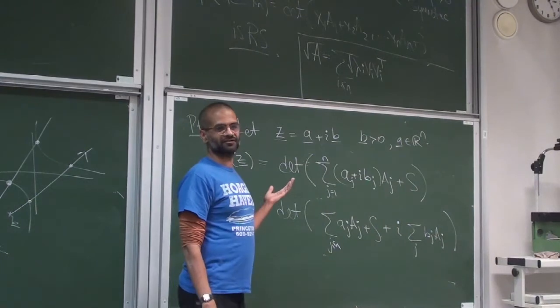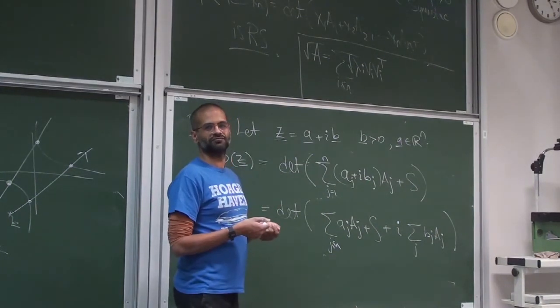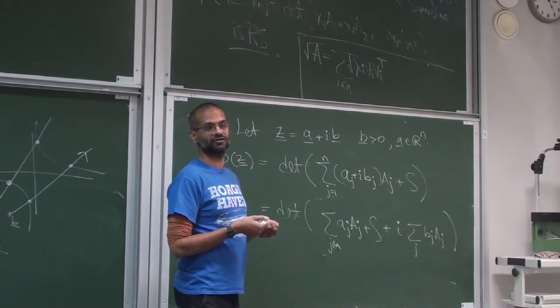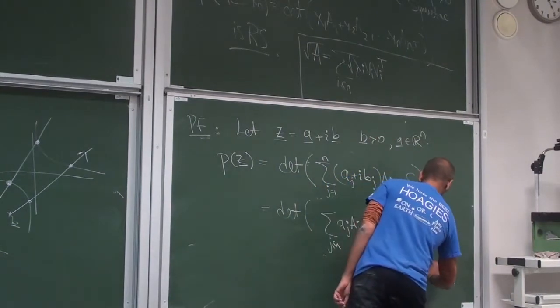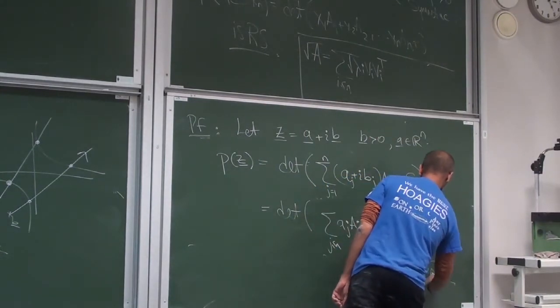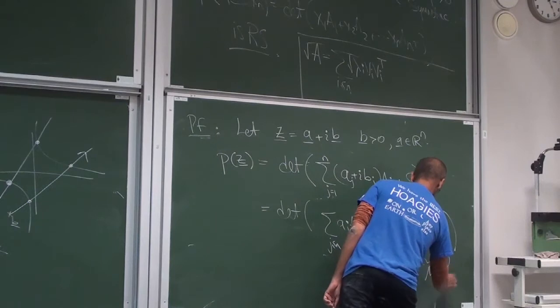One more fact about positive definite matrices: if you add a bunch of positive definite matrices with non-negative coefficients, you get another positive definite matrix. So this is positive definite. Let's call this matrix M.